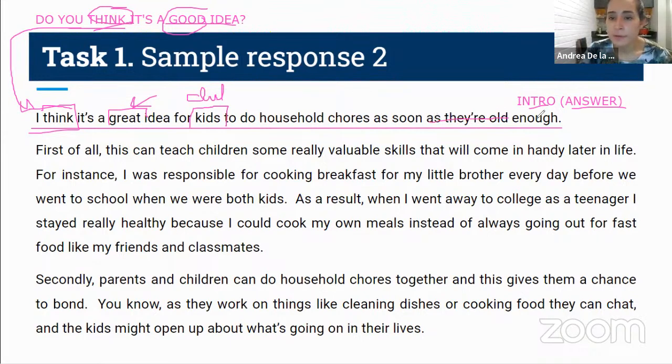He could even maybe leave this part out. But at the end of the day, he's answering the question directly, right? In the first sentence. Is that okay so far? You will have to do the exact same thing. In your first sentence, you'll have to have an introduction where you answer the question directly. Is it okay so far? Any questions?